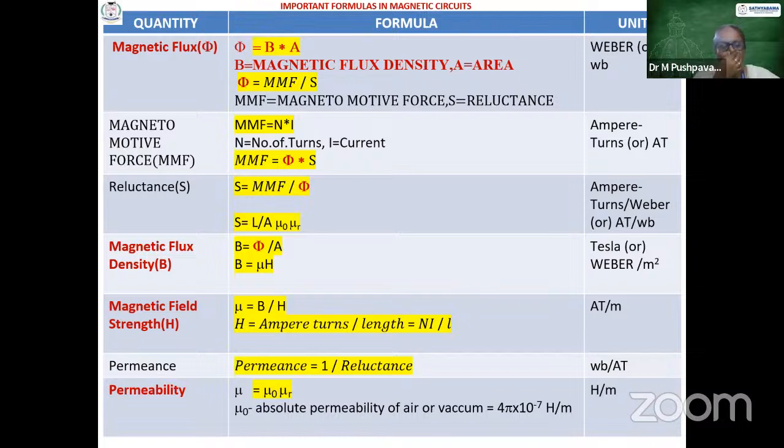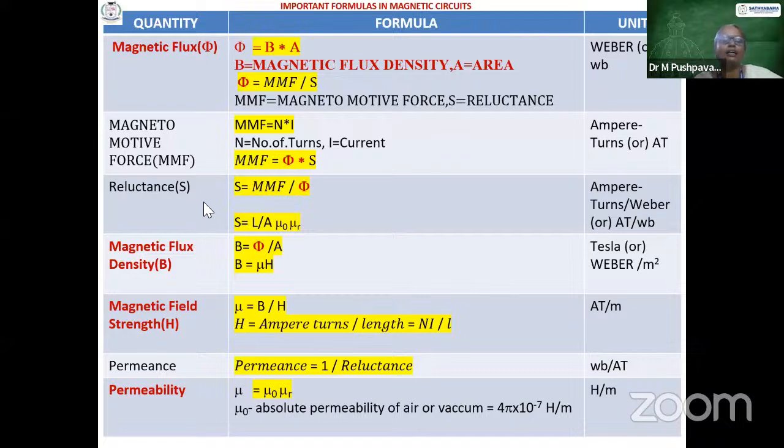Now take down this particular formula relating to the problems from the magnetic circuit. One of the very important things. Flux: we always have two formulas, magnetic flux density into area, or MMF by reluctance.